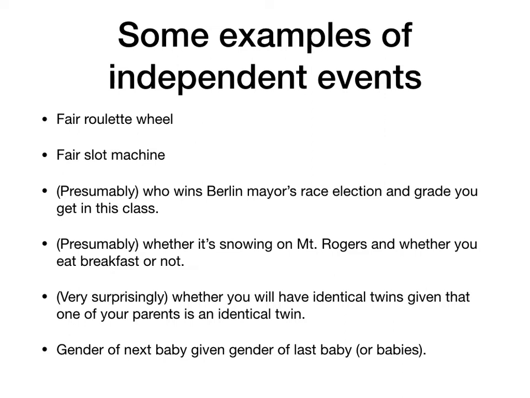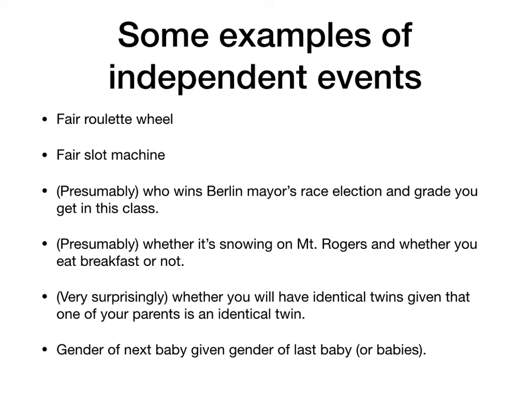Here's one that's very surprising. Whether you will have identical twins, given that one of your parents is an identical twin, these are actually independent events. I'm really surprised by this, but there's really no genetic component to having identical twins.